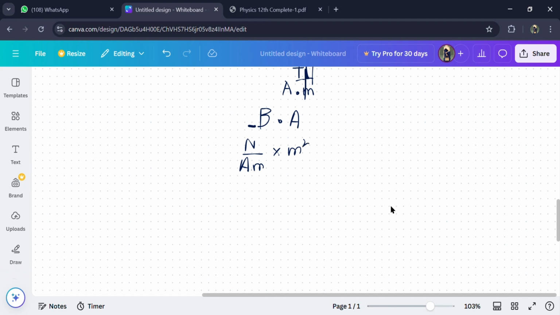So here 1 m would be cancelled out with 1 m, and now we'll get the formula Newton meter per ampere. Somehow indirectly this is also force into length upon something, it could be considered like that. I hope that you understand the derivation of the formula that I did.